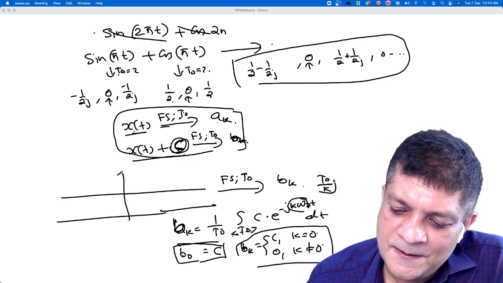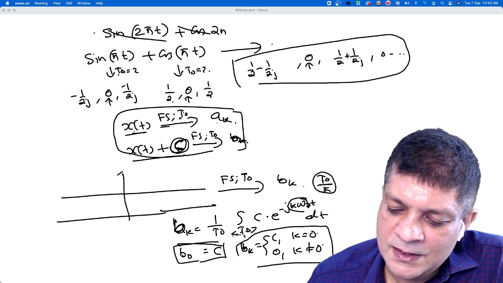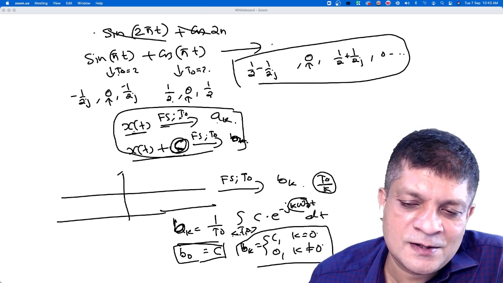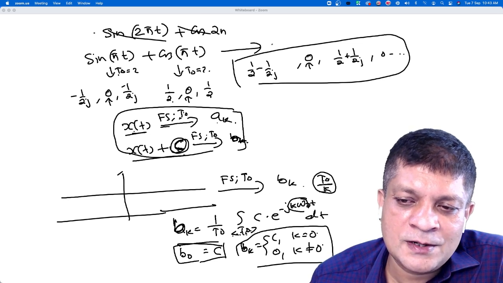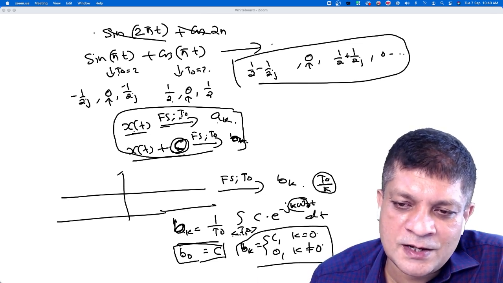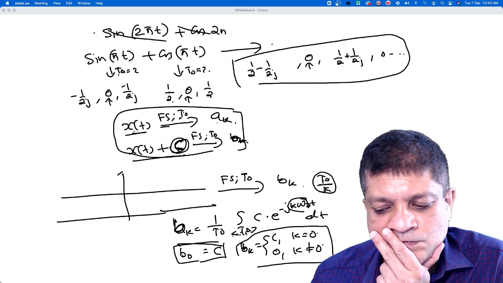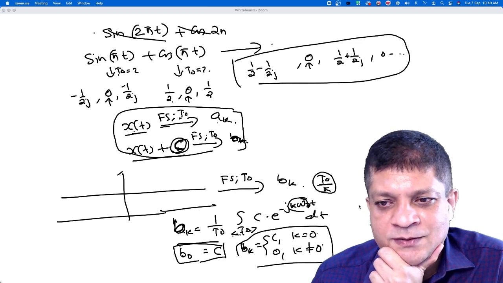If the period is T naught by k and you are integrating over an interval T naught, we are integrating those sine and cosine signals over how many cycles? k complete cycles. So that will be 0, isn't it?